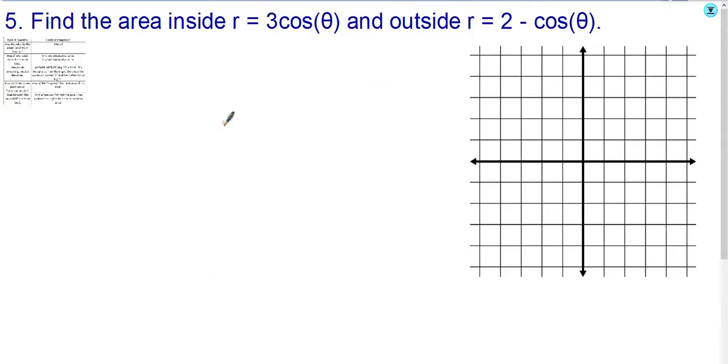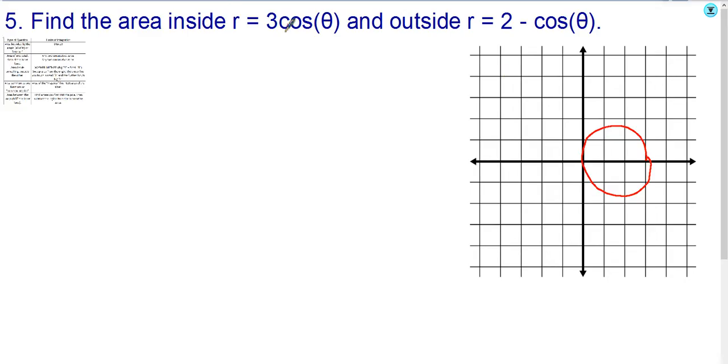For number 5, inside outside, so I'm going to need the washer method. So I'm going to sketch my functions and then figure out which one is the big R and which one's the small r. So 3 cosine theta, that's just going to be the circle with the radius of 3.